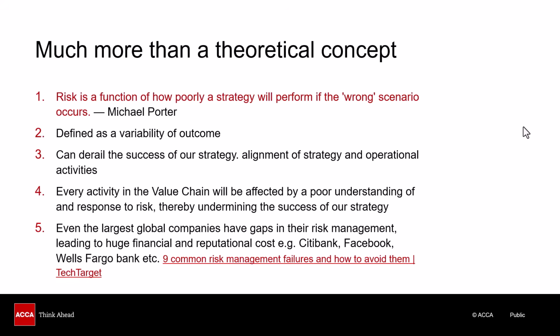Every activity in the value chain, you remember the value chain, will be affected by a poor understanding of and response to risk, thereby undermining the success of our strategy. What does that mean? Well, for example, if we don't evaluate in our inbound logistics, let's say, the quality of the sellers that we buy raw materials from, then there's a risk that that quality is going to be below par.